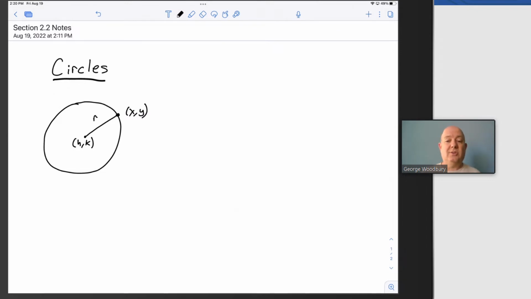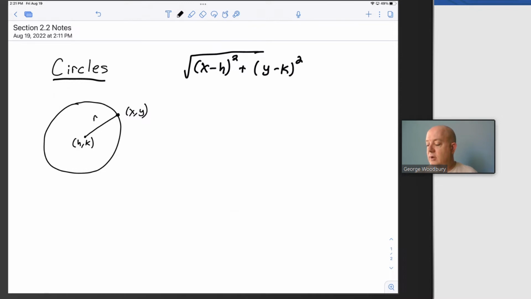So using the distance formula, the distance this time being the radius r, we have the square root of (x minus h), the difference between the two x coordinates squared, plus (y minus k) quantity squared, all inside the square root.